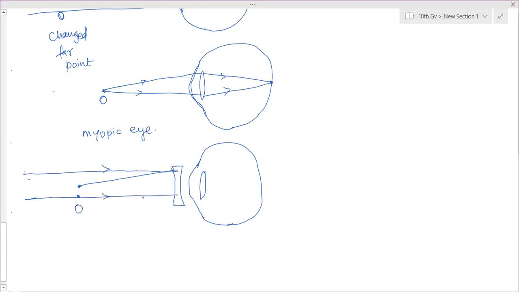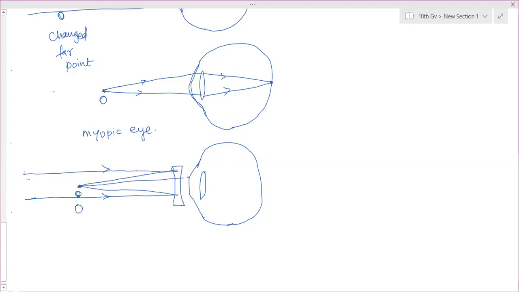Its image is formed at the changed far point. These rays are coming from the infinite object and the image is formed at this changed far point. Now this image will become the object for the eye lens.